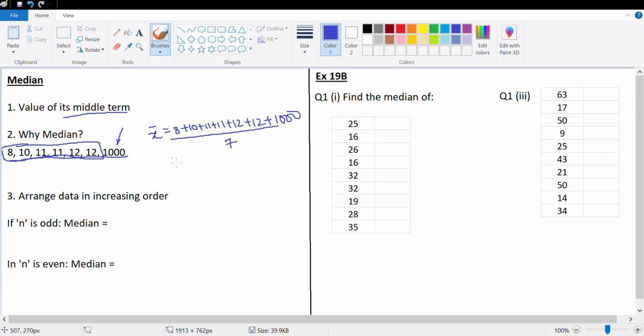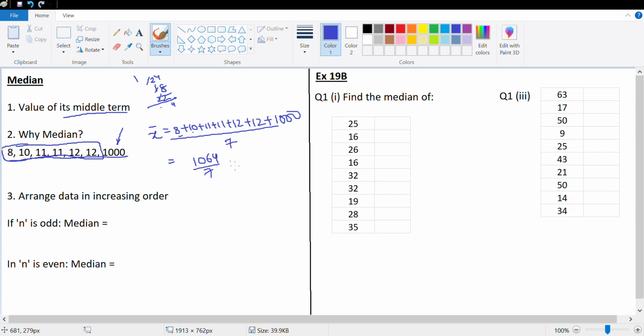So this is 8 plus 10, 18, 18 plus 22, that's 40. 40 plus 24, that's 64, and this is 1064. Let me reconfirm. 8 plus 10, 18, plus 22, plus 24, 64, correct, 1064.